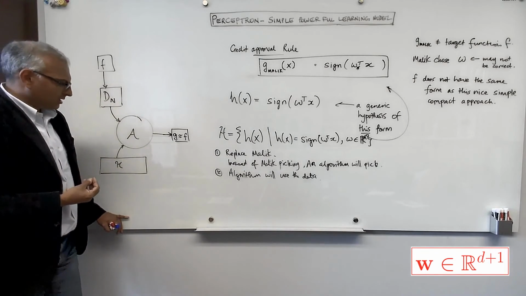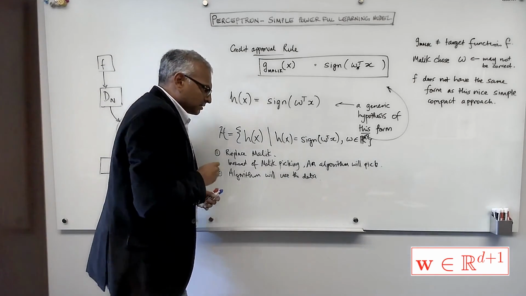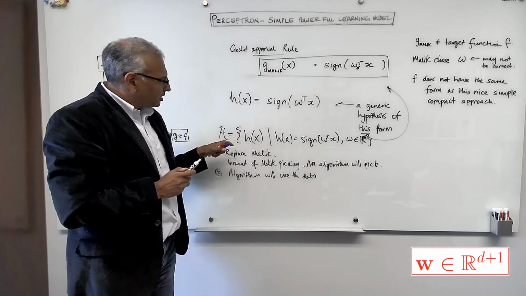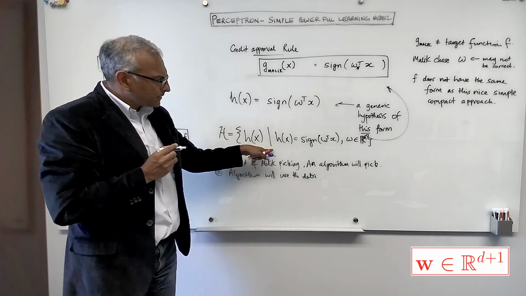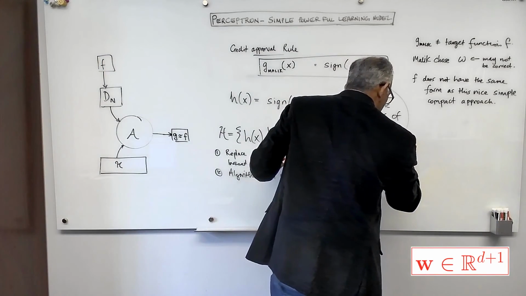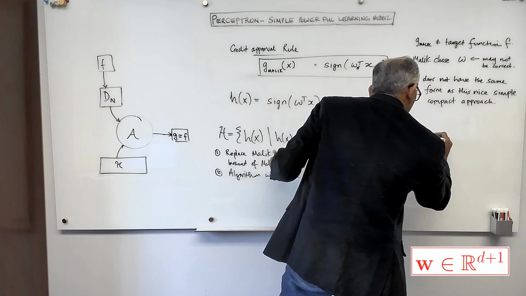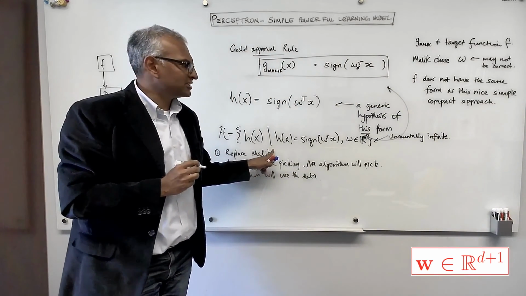And in order to discuss both of those, I want to point out that Malik did something very sophisticated. And why? Because effectively he picked a hypothesis from this set, which is uncountably infinite. So it's an uncountably infinite set.